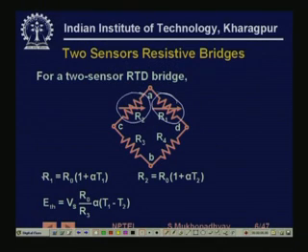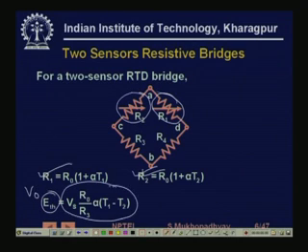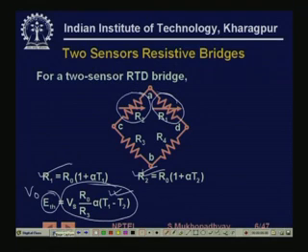The resistance of the first RTD varies like this: R1 equals R0 into 1 plus alpha T1, and similarly R2 equals R0 into 1 plus alpha T2. Therefore the output voltage, or the E Thevenin, is given by this, right. You can see that the voltage now becomes proportional to T1 minus T2. So we can create a voltage proportional to the temperature difference which we want to measure. So this is possible.